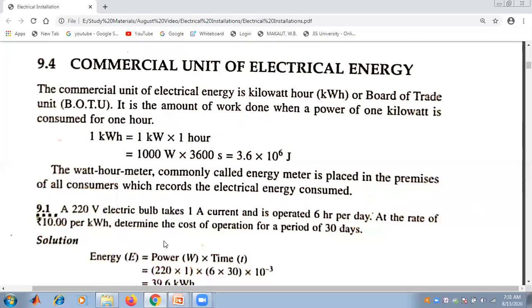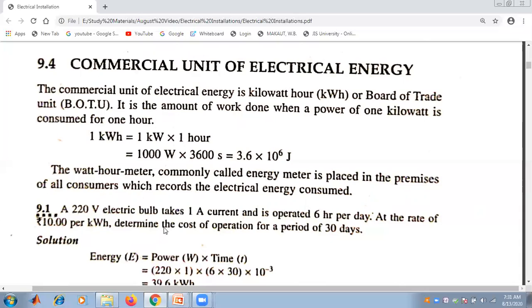So we have a basic conception of electrical power. Now we will come to another point of discussion, that is the commercial unit of electrical energy.